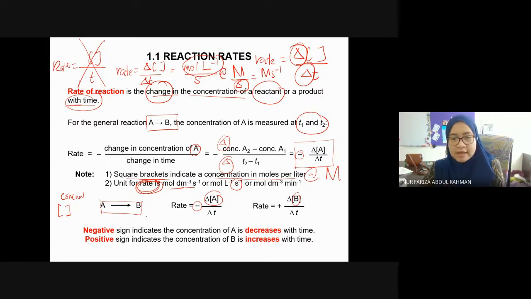So we may describe it interchangeably depending on the question asked. This is the relationship that we can get. If A is a reactant, that means we have a negative sign there. It shows that the concentration of reactant will decrease over time. For the product, why is it positive here? Because the concentration of product will increase over time.